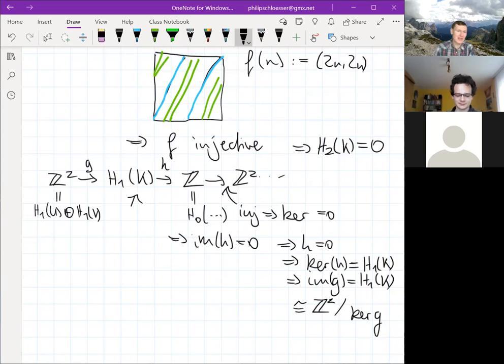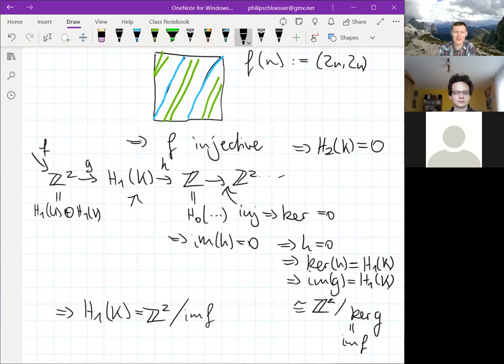So what does G actually do? Oh, we don't even need that, because remember we had our map F before here. And so we can use exactness there to see that the kernel of G is just equal to the image of F. So I guess the upshot is that H1 of K is equal to Z squared divided by the image of F. And what was the image of F?